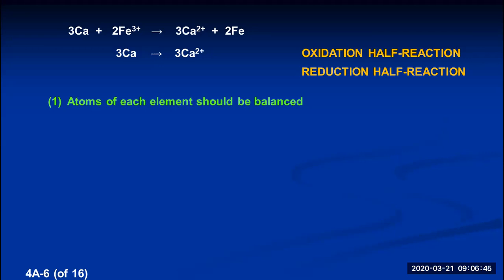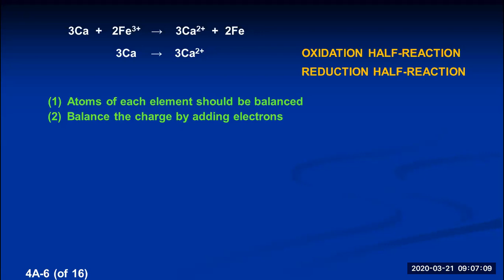The calciums are balanced. The second thing you need to do is balance the charge, because right now we have 3 neutral atoms on the reactant side and 3 positive 2 ions on the product side. 3 times 2 means the charge of the products are 6. This side is 0, this side is 6. You can't have a correctly balanced equation in which a charge changes.